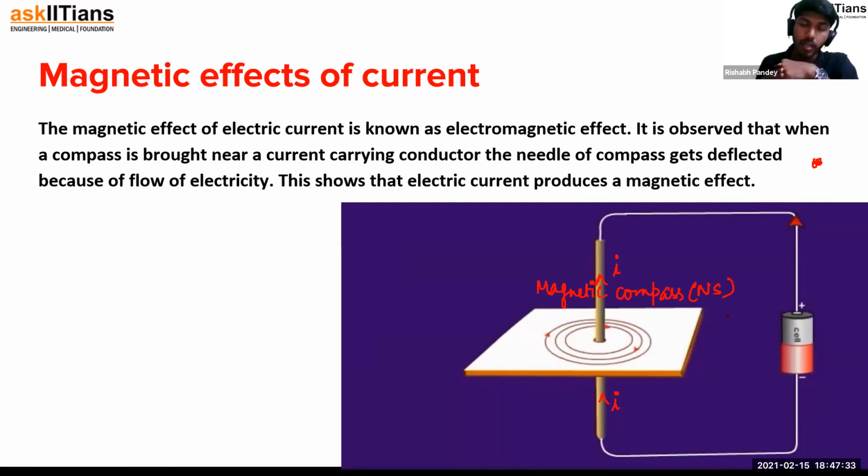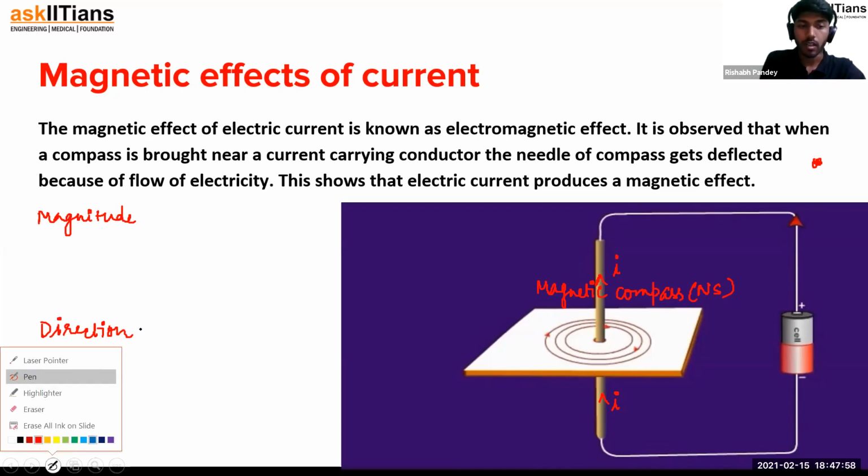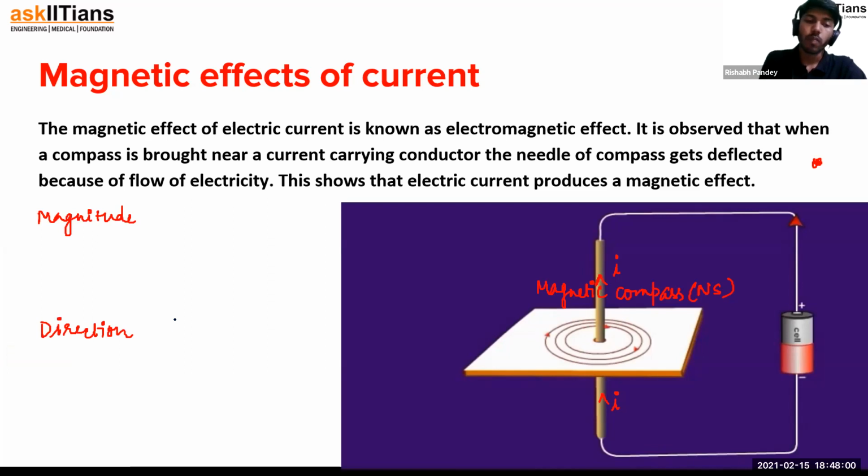If there is a magnetic field, then it has two properties: the first is the magnitude, that is what value of magnetic field is there, and the second is the direction. The direction of the magnetic field can be deduced by the right hand thumb rule.